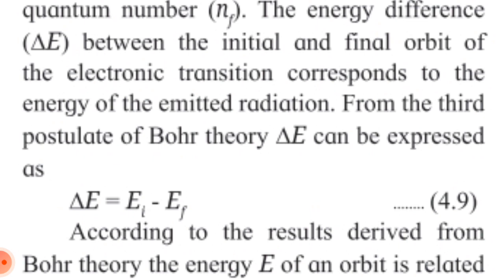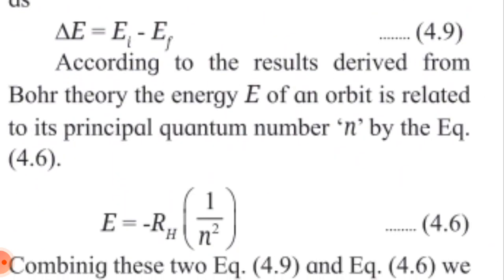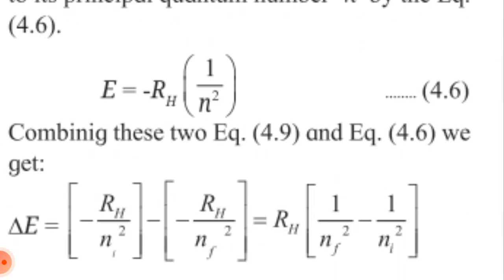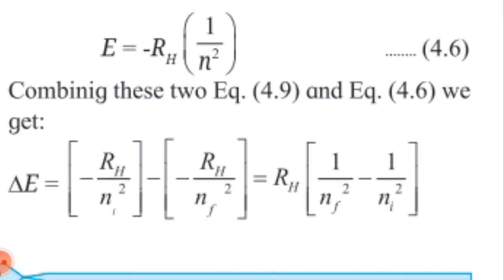the emitted radiation. From the third postulate of Bohr's theory, delta E can be expressed as delta E is equal to Ei minus Ef. According to the result derived from Bohr's theory, the energy E of an orbit is related to its principal quantum number n by equation 4.6: E is equal to minus RH upon n squared.